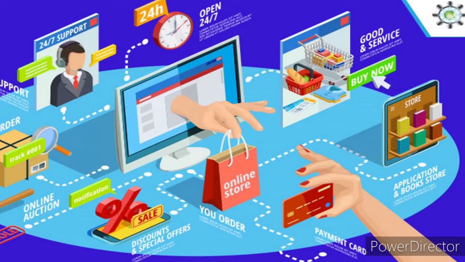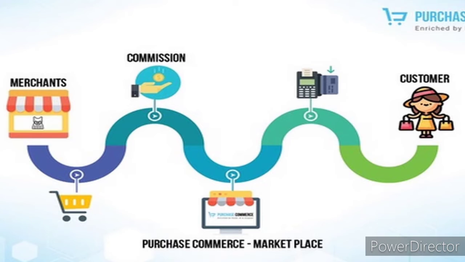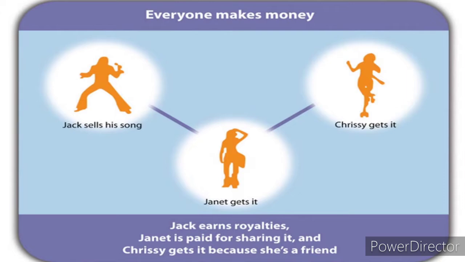Fourth one, sales revenue model. This is the most commonly followed e-commerce business model where wholesalers and retailers sell their products over the internet, intending to reach out to a large target audience. Also, more importantly, this model brings in convenience for the customers as well as saves time for them.